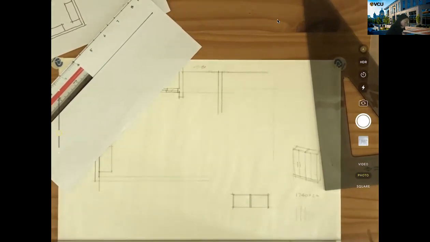You don't draw perfect because this is 1 to 50. If you're drawing 1 to 10, if it's a much bigger size, then you would draw a cabinet properly with whatever the technique.